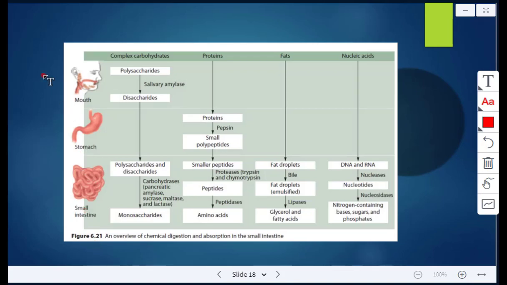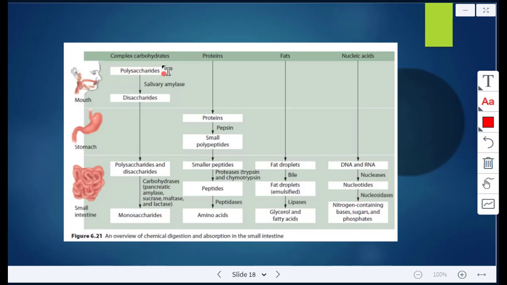Okay, just a quick overview of chemical digestion and absorption in the small intestine. We're looking at our macromolecules. We have our complex carbohydrates, proteins, fats, and then nucleic acids. For carbohydrates, digestion started in the mouth because there's an enzyme in the saliva called salivary amylase.